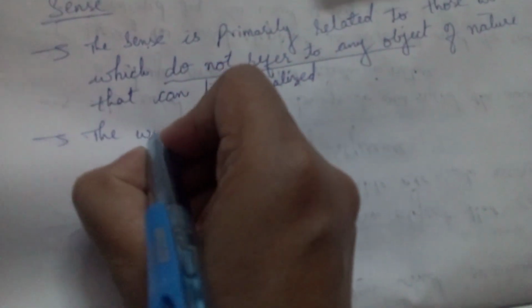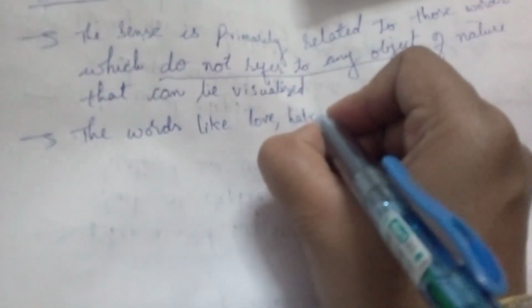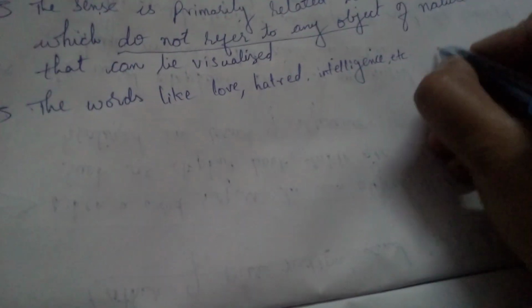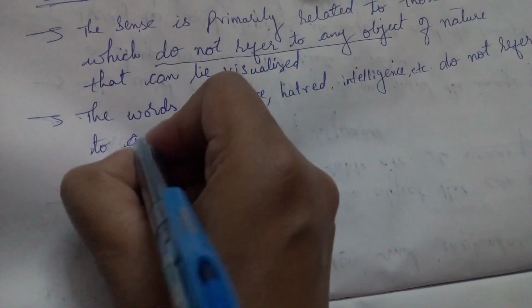Okay, the words like love, hated, intelligence, etc. These words do not refer to any object.